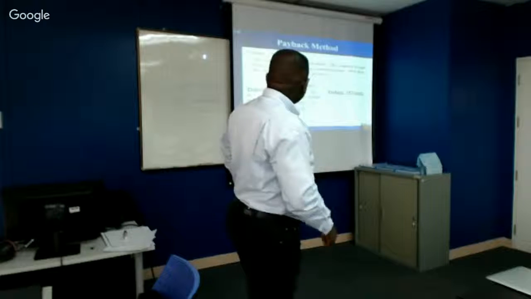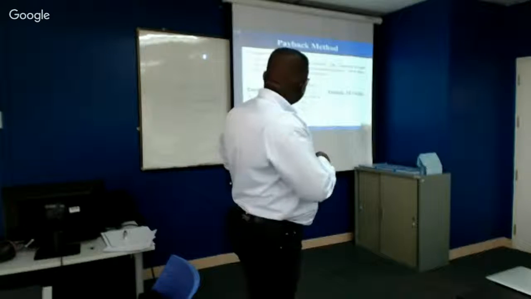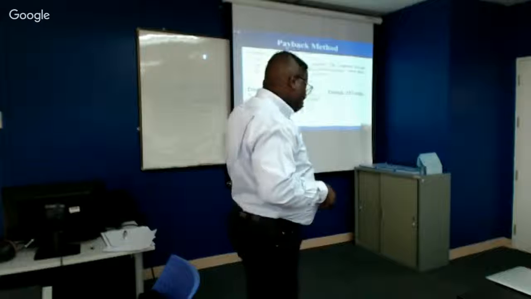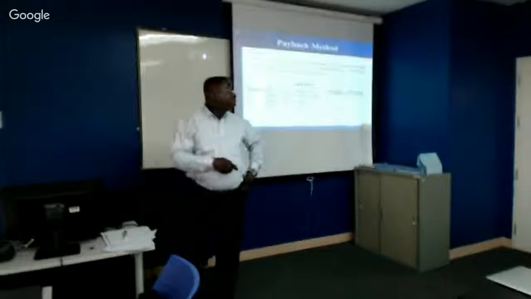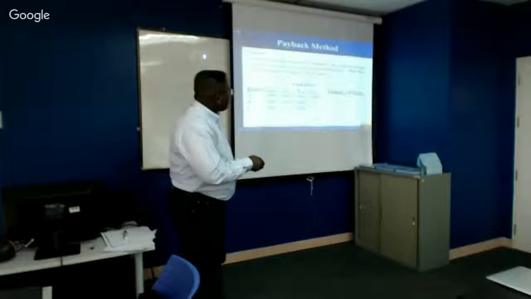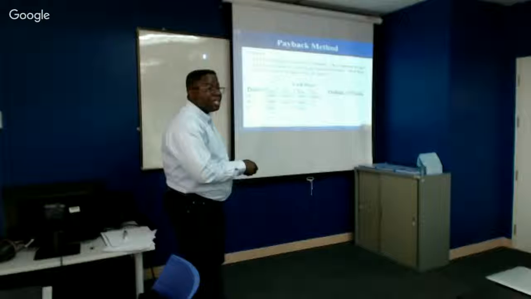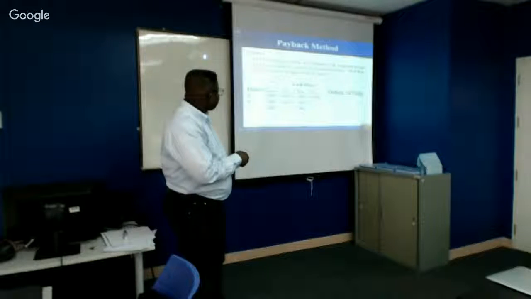So let's look at the absurdity of this decision, or the payback rule, as we are saying. Given a discount rate of 10%, what is the NPV here? Can you check the NPVs? Just this 1, 2, 3.